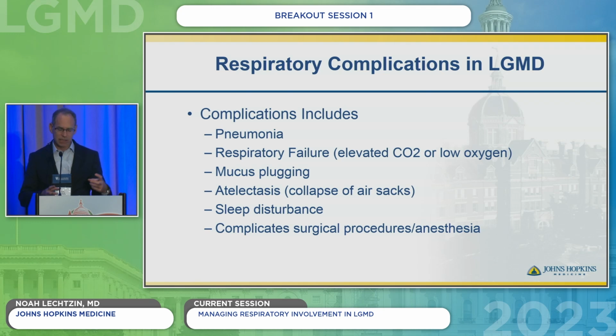You can get atelectasis, which is a fancy word for saying the air sacs that we need to get oxygen into the body collapse because you're not taking big enough breaths. You can get sleep disturbance. And another thing to keep in mind: if you need to have any sort of surgical procedure or medical procedure where you're undergoing sedation, having a compromised respiratory system puts you more at risk for complications from those things.